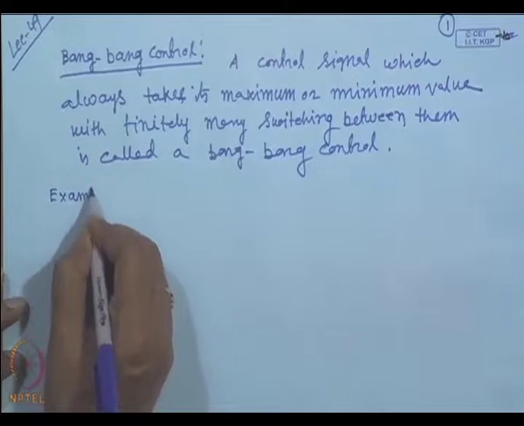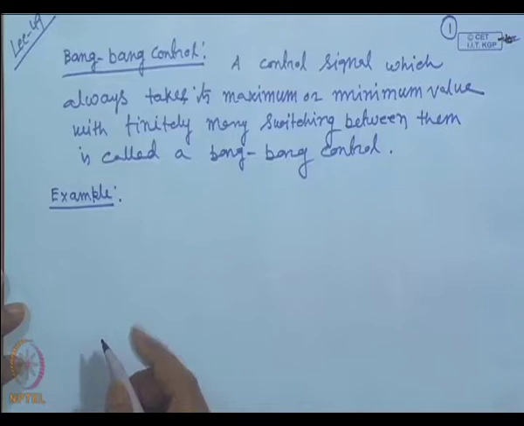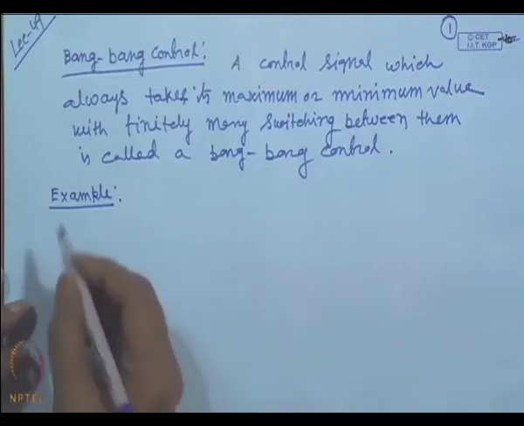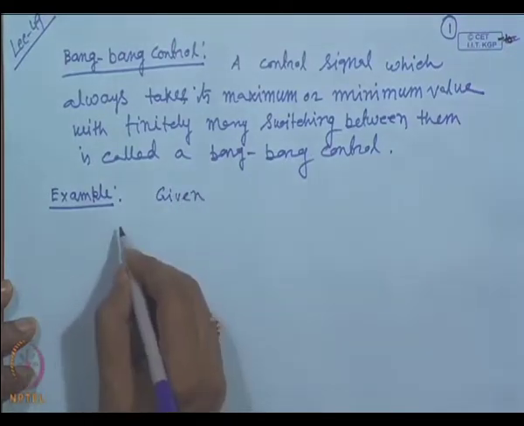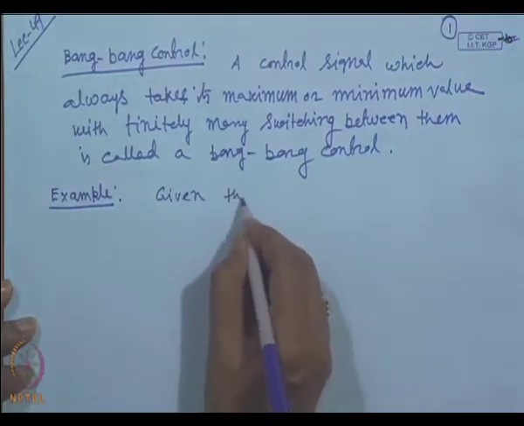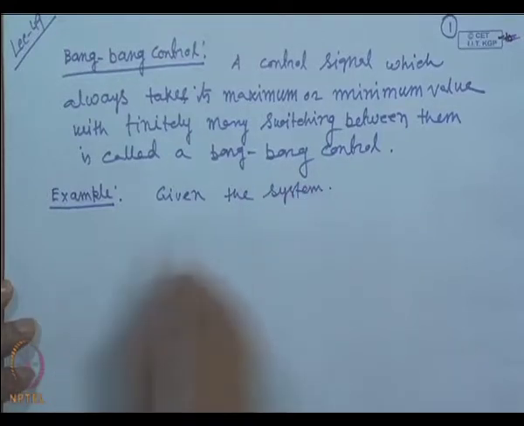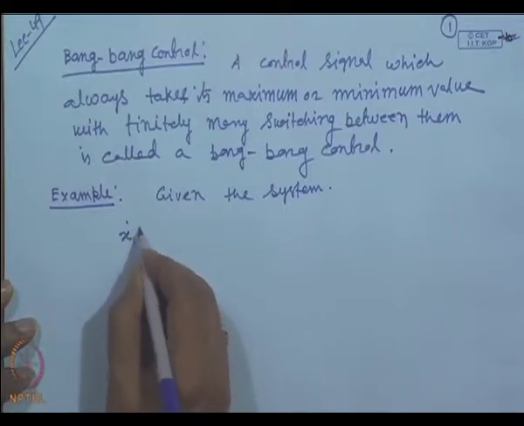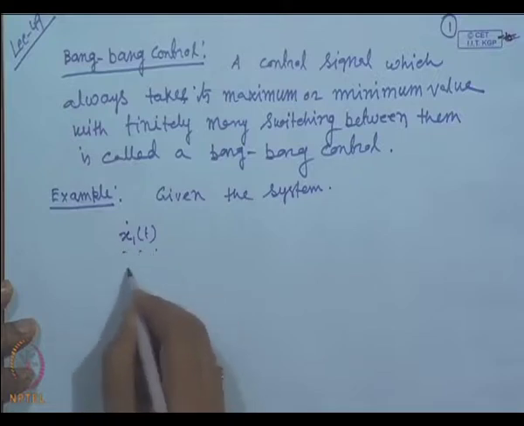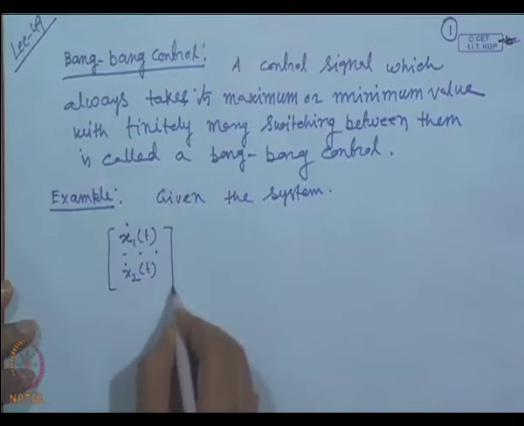So, let us take one example and illustrate the minimum time optimal control problem. Given the system whose dynamics are expressed in this form, there are two states, so we consider a second order system expressed in the time domain.